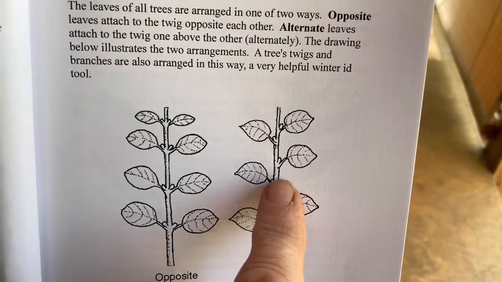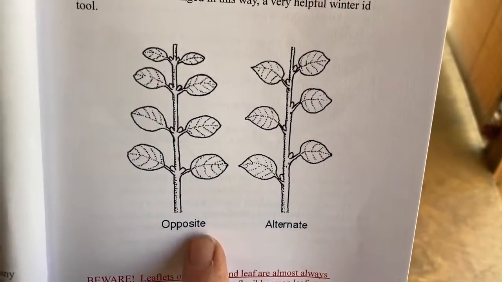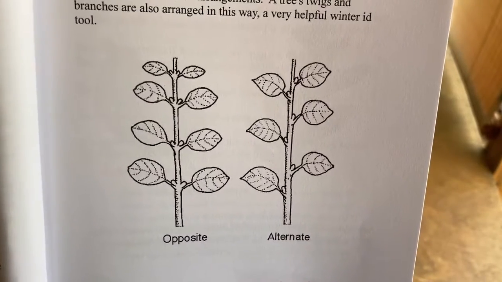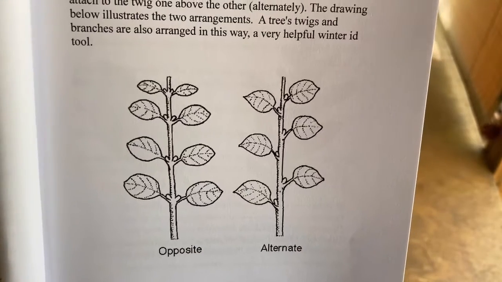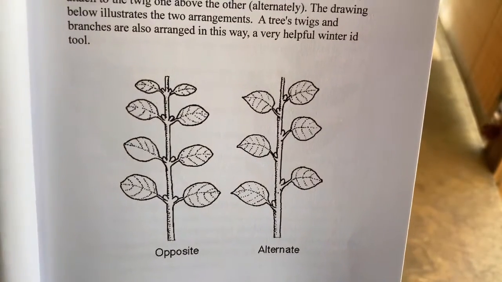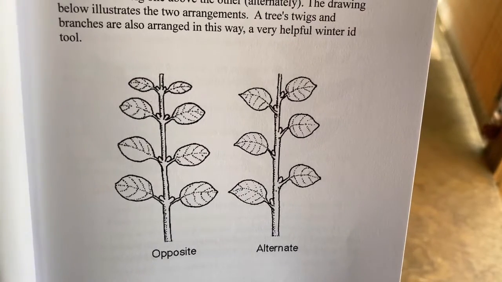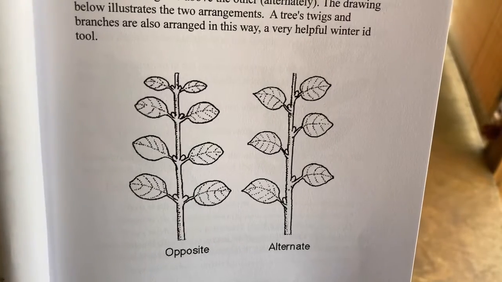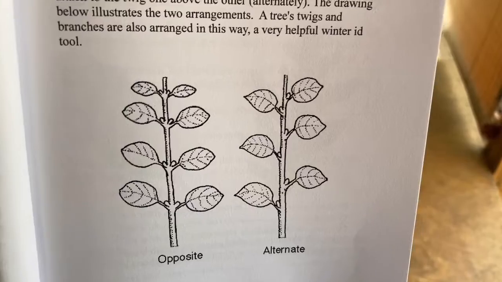You have to go up, you have one on the left, you have to go up, you have one on the right. Opposite and alternate. That's the 2 ways, and the only 2 ways that leaves are arranged on a tree. And you can use this information, tree tool number 1, opposite versus alternate, to divide trees into easily identified groups.